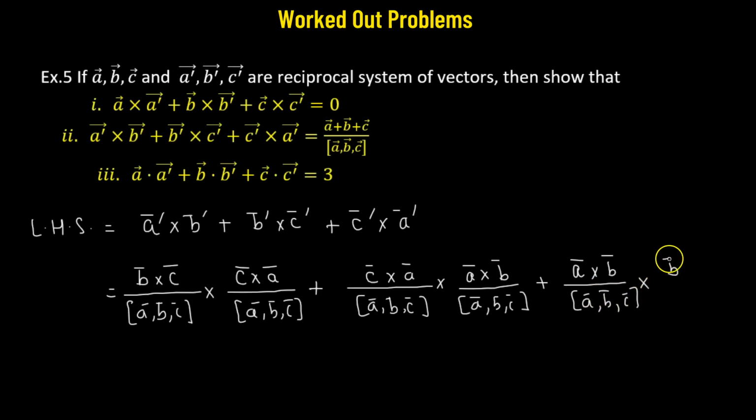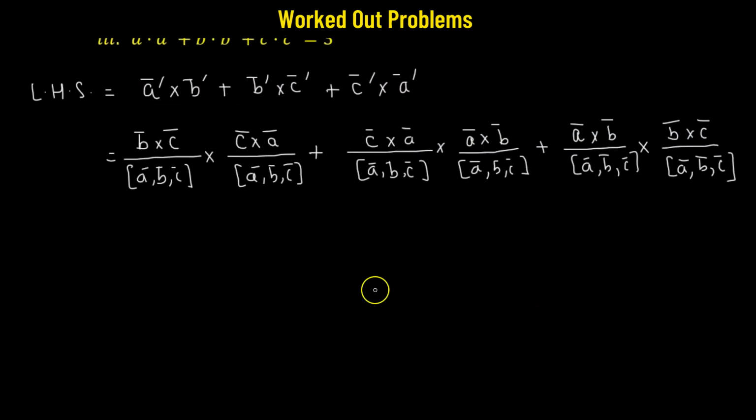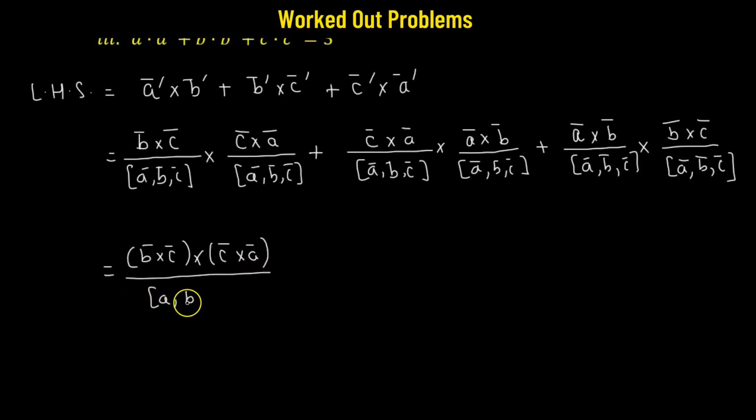So A prime is vector B crossed with vector C divided by [A, B, C]. This will be equal to, in the numerator, B crossed with C, crossed with C cross A, divided by the scalar triple product of [A, B, C] squared.